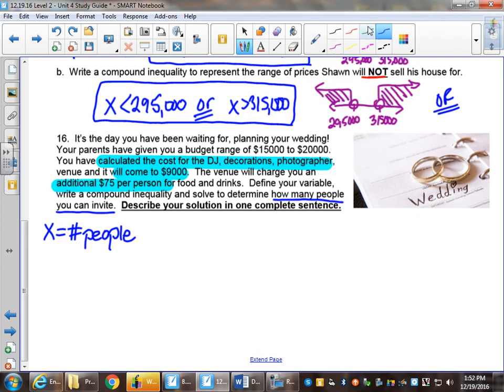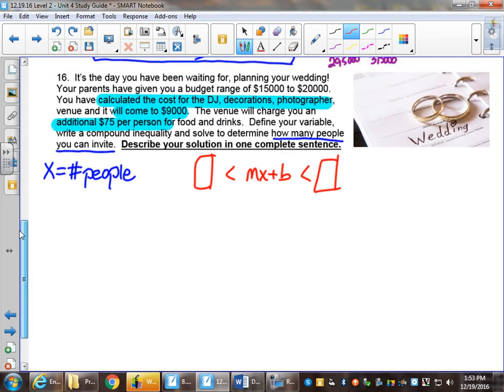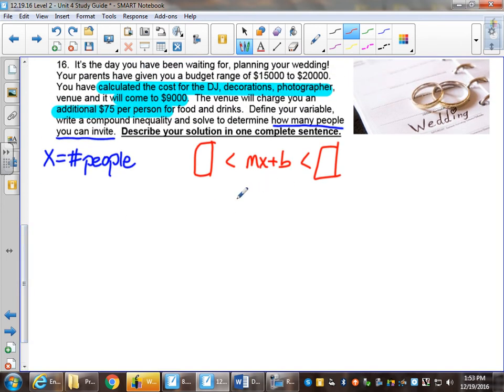So this is going to be an mx plus b between two values. This is one of the kinds of compound inequalities you have. So see if you can set that up on your own. We're going to have mx plus b between two values. What are you going to write for that?